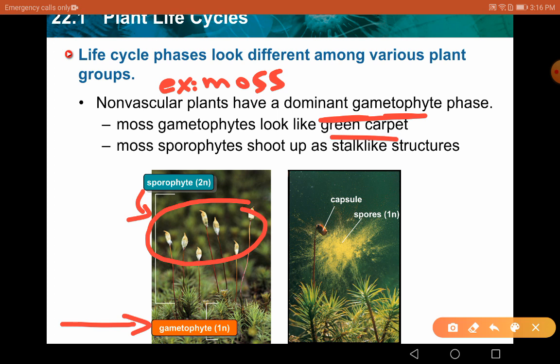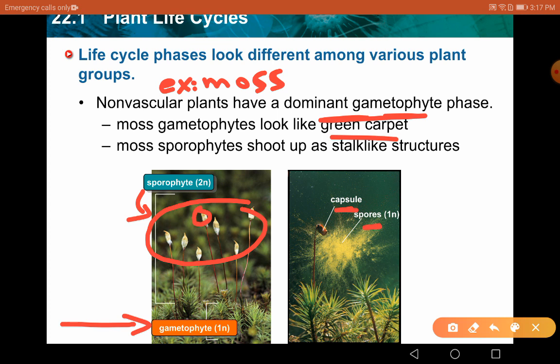Okay, there is a sac-like structure at the top of the stalk named the capsule. Inside these capsules, there are sporangia, sac-like structures that contain spores, which are 1N.